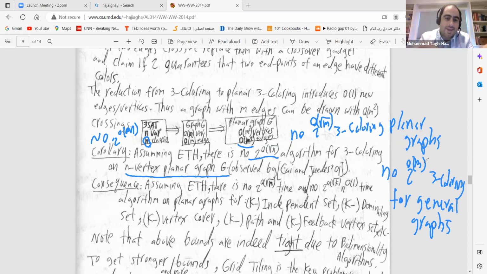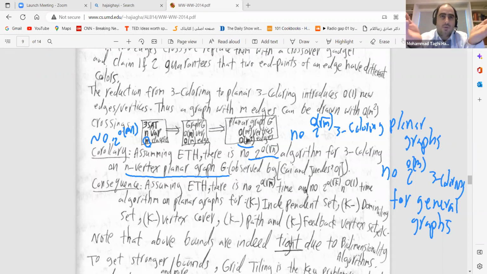And again, m and n are essentially the same here, the number of vertices in this case. So for general graphs, we know that there is no algorithm better than 2 to the little o of m for tricoloring. What's the meaning of that?